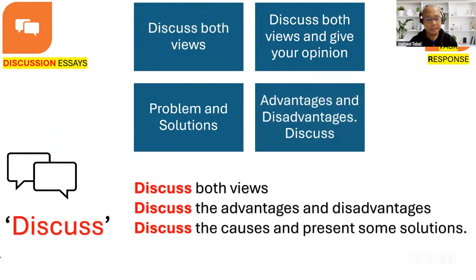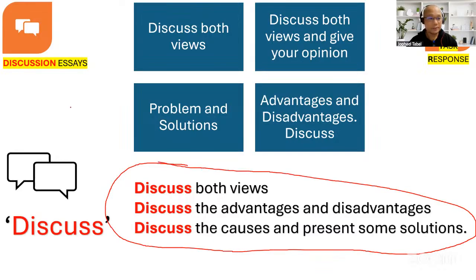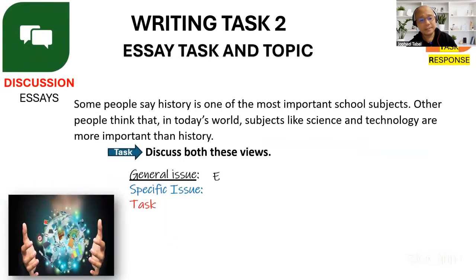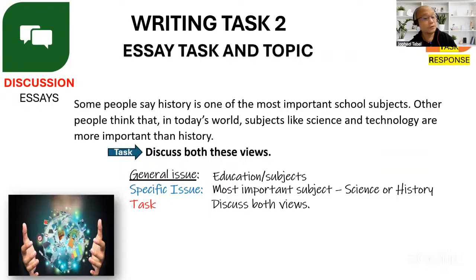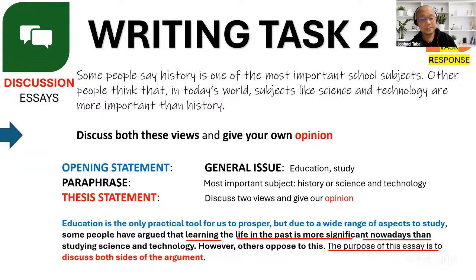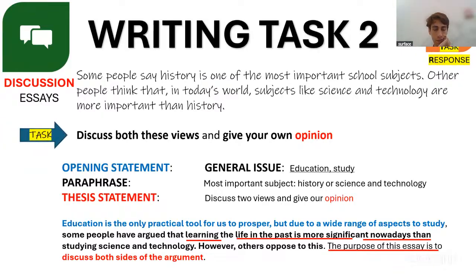This is, for example, the sample question for discussion essays. Now, if the task is to discuss, then the response should also be different, like this one. The purpose of this essay is to discuss both sides of the argument.